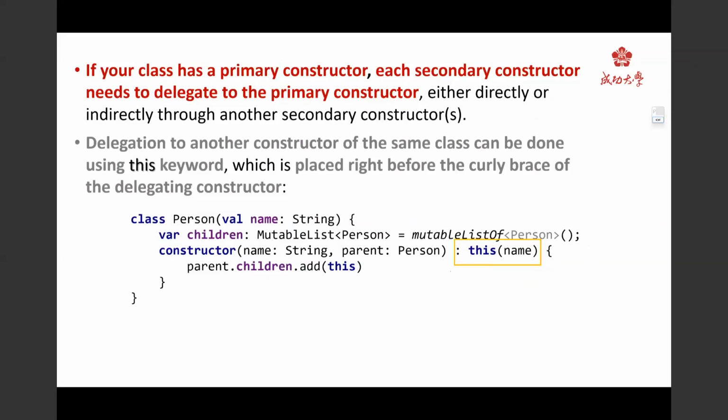This is the syntax for delegating to the primary constructor. You need to delegate either to the primary constructor or to another secondary constructor that delegates to the primary constructor. Keep this in mind. This is very important. Otherwise, your object won't be initialized properly, and your code may not even compile, because the compiler is going to complain.